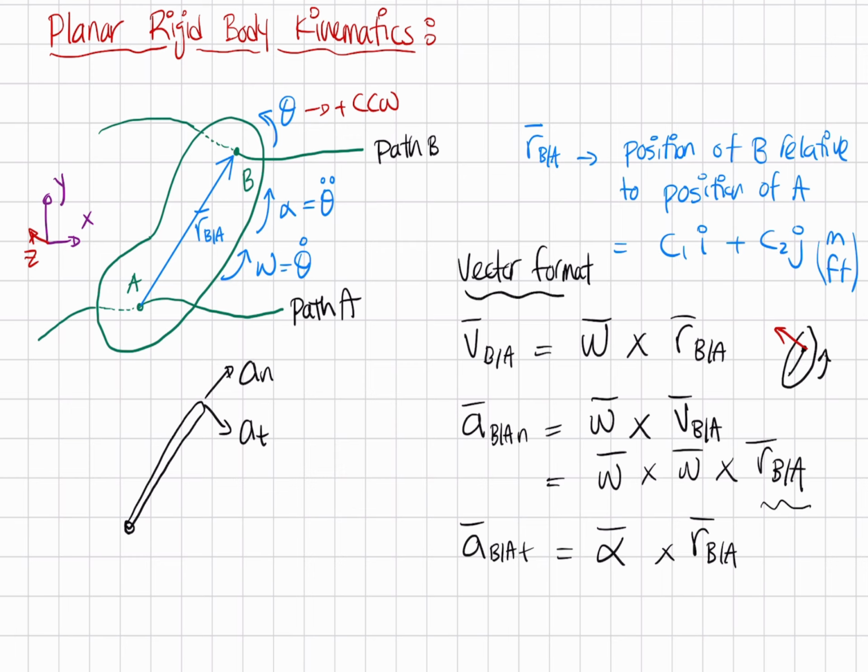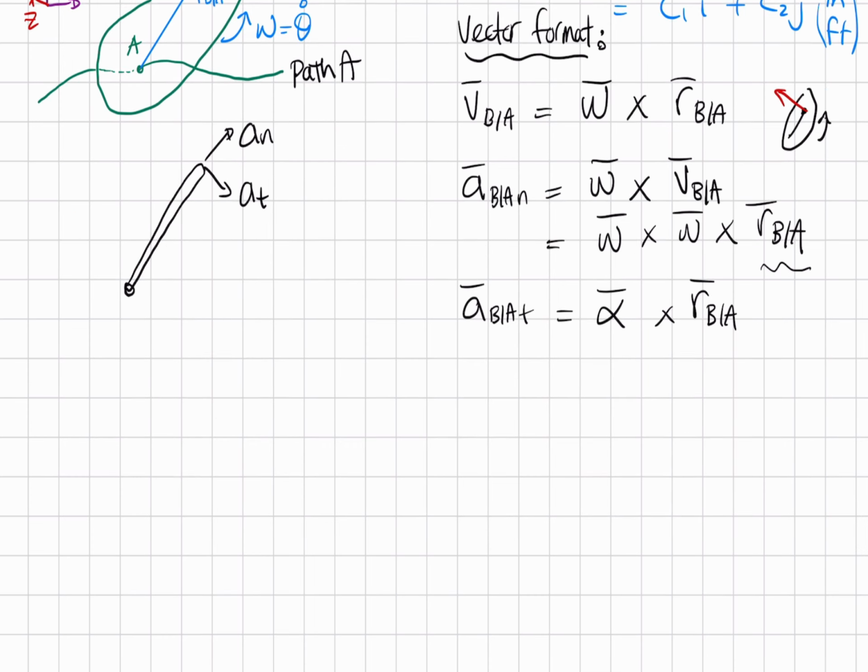Now what we could do is describe this whole thing in scalar format as well. So in scalar format, we have to do a little bit of geometric analysis. If we're looking at the velocity of B relative to A, we can look at the magnitude of omega times R_BA.